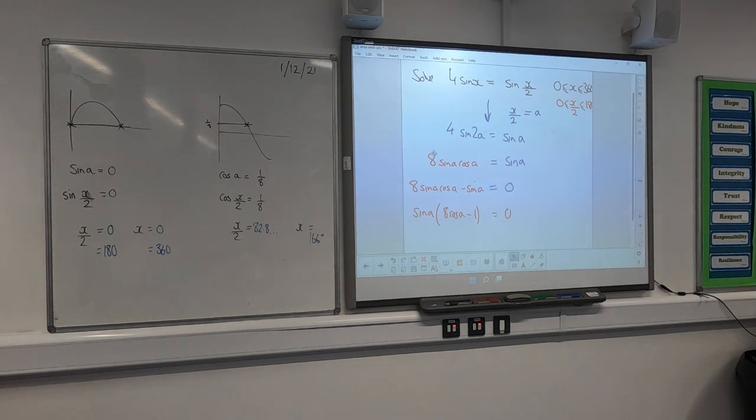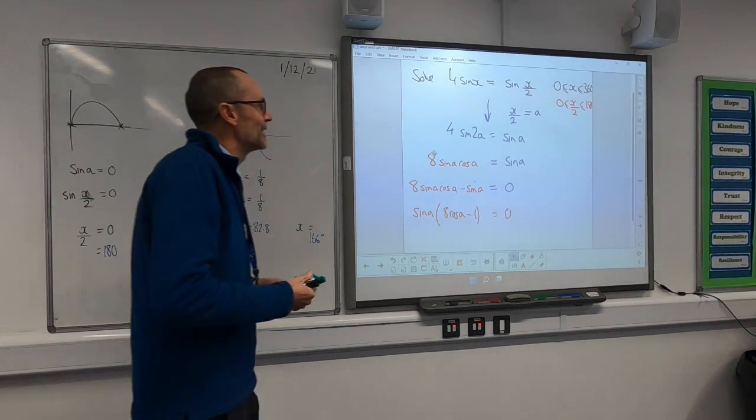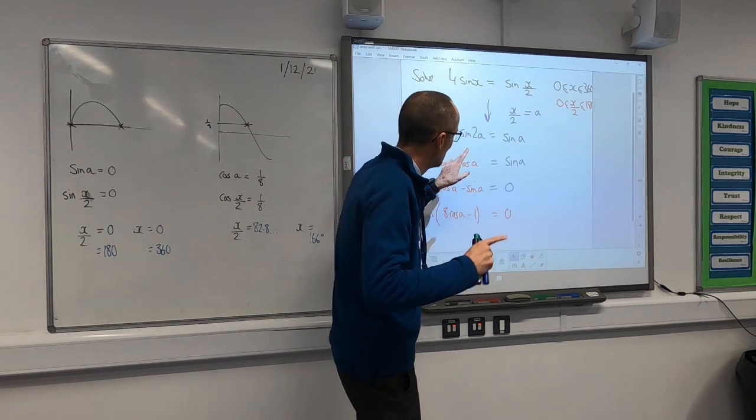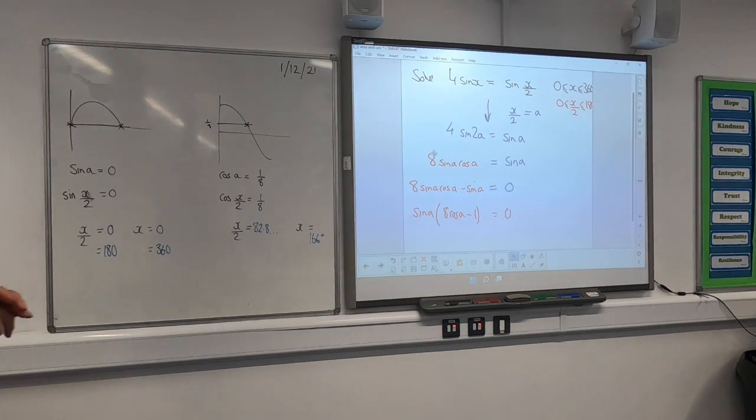So it doesn't matter when you replace your A with x over 2, and of course you don't actually need to replace A with x over 2 if you don't want, if you can spot it and you're confident enough. I mean, that's just too much for me. I need to do the substitution to get it clear in my head, but there we go. So those are the solutions that we get.